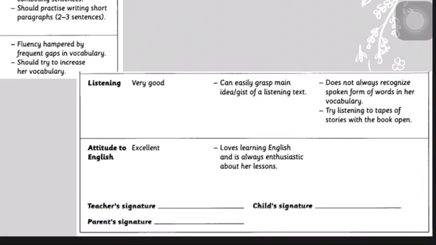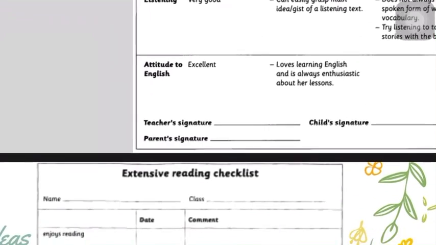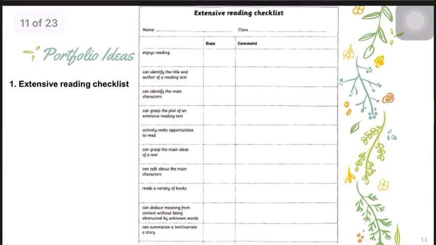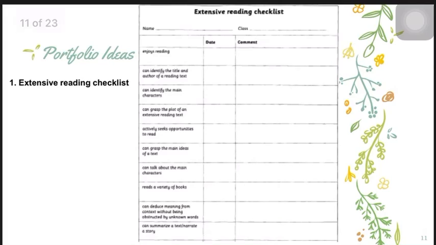I think this is like behavior, or her behavior in the classroom is excellent because she loves learning English, and she is always enthusiastic about her lessons. And then in this portfolio there will be teacher signature, parent signature, and then the child signature. This shows that a portfolio engages teacher, parents, and the children.